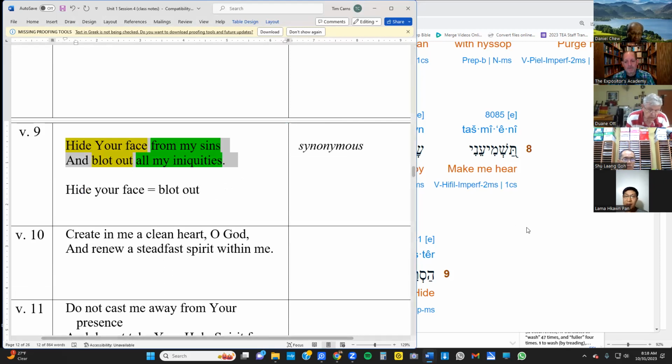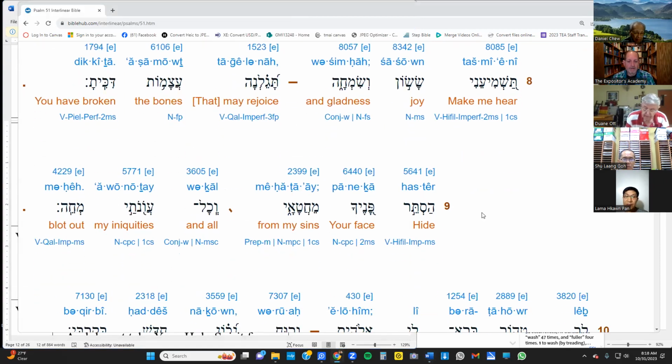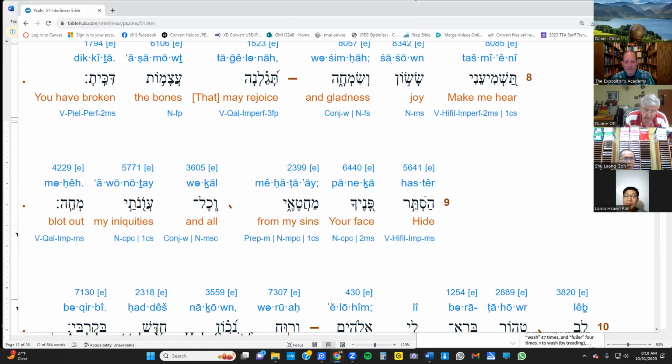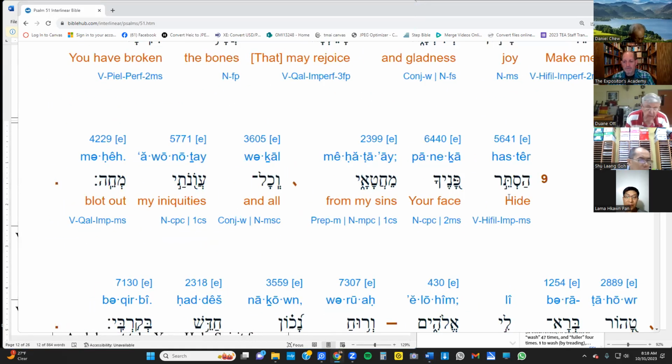Yeah. So let's take a look at the interlinear just to see. And here he's got, okay, hide your face from my sins and all my iniquities blot out. What do we see here? From my sins ends the first line. All my iniquities begins the second line. Hide is the verb at the beginning of the first line.